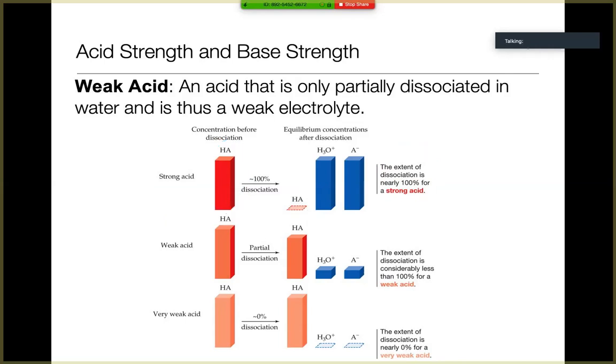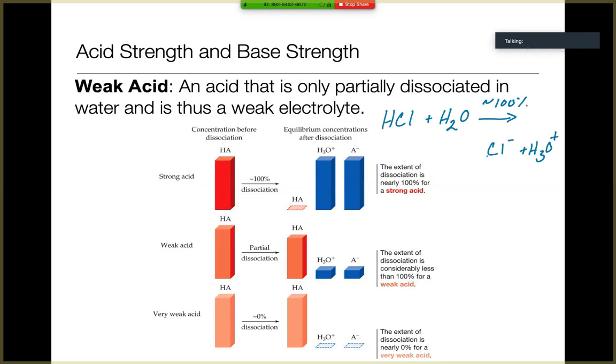Usually when we write a strong acid reaction, if I take, say, HCl, which is a strong acid, I react that with water. We typically use a unidirectional arrow, and then you'll see me sometimes write 100% over the arrow, indicating it's a strong acid, and my two products would be chloride and hydronium.